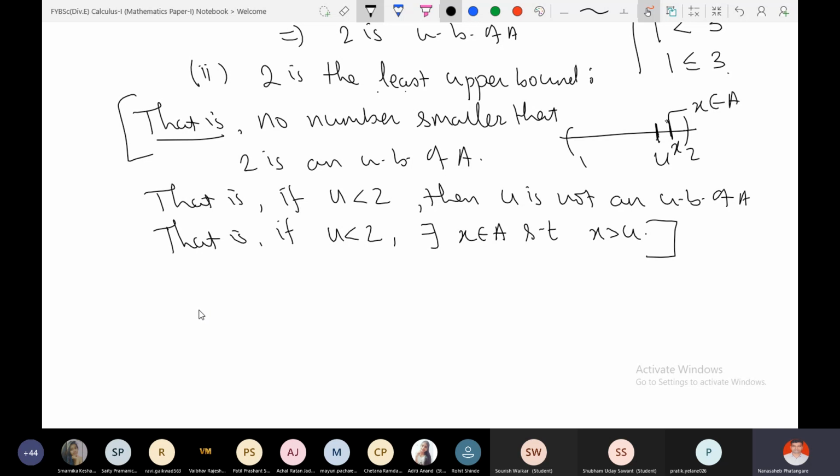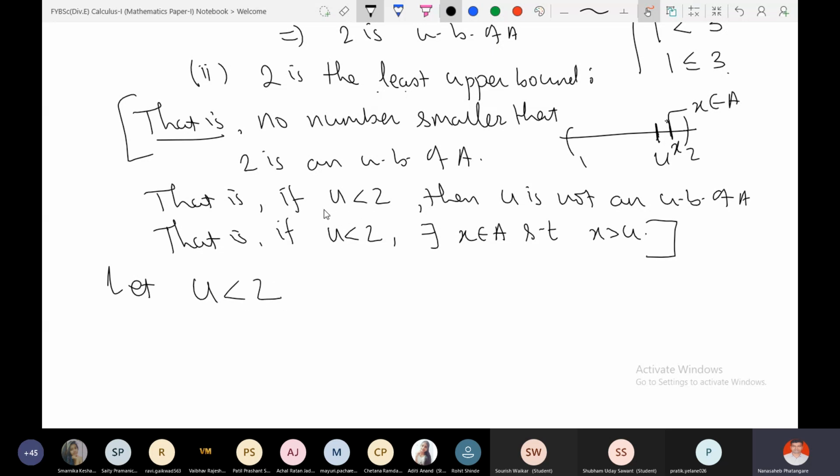Even if I select 2 minus 10 raised to minus 5000, which is very close to 2, we can still produce some member of the set greater than that number. So let U be less than 2.